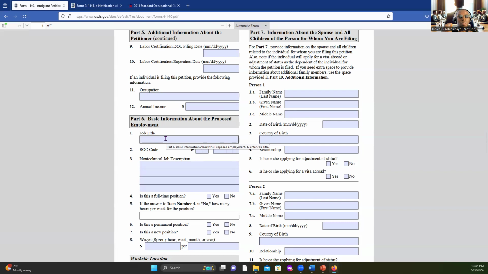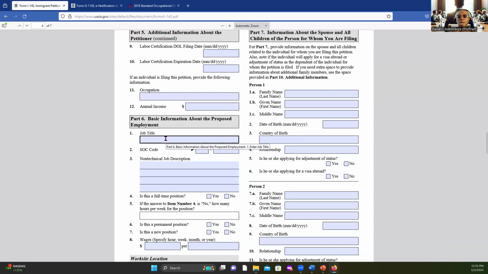And those previous self-petitioners that did not fill this part 6 didn't get their application rejected. It went through successfully. Recent trends show that some self-petitioners who did not fill this part 6 had their packages returned and rejected, and so they have to refile.